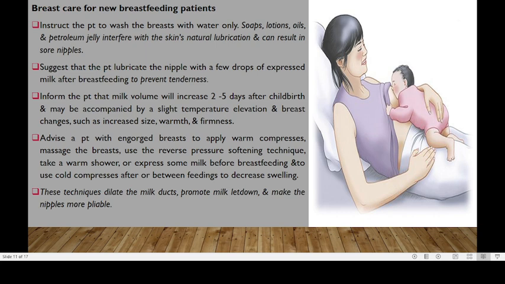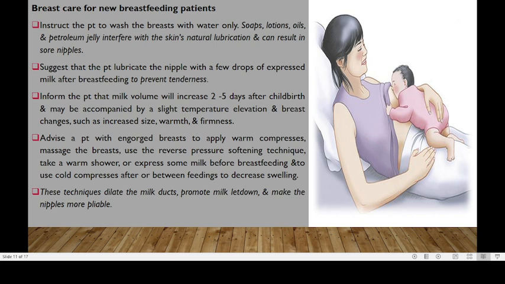Also inform the mother that the milk volume will increase between the second and the fifth day after childbirth and may be accompanied by slight temperature elevation and breast changes such as increased size, warmth, and firmness.